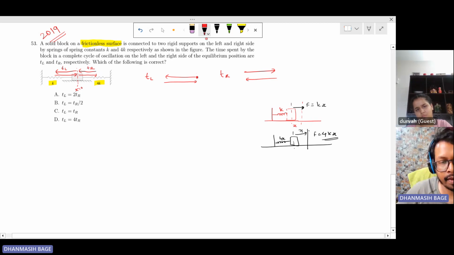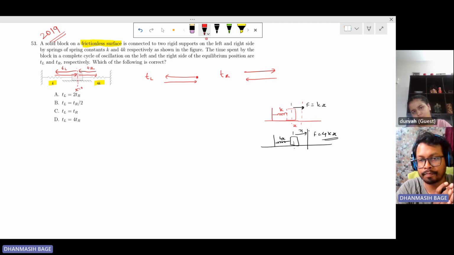Just see here what you have to do. Because there are rigid walls on both sides, they are not going to change position. So position will remain the same.